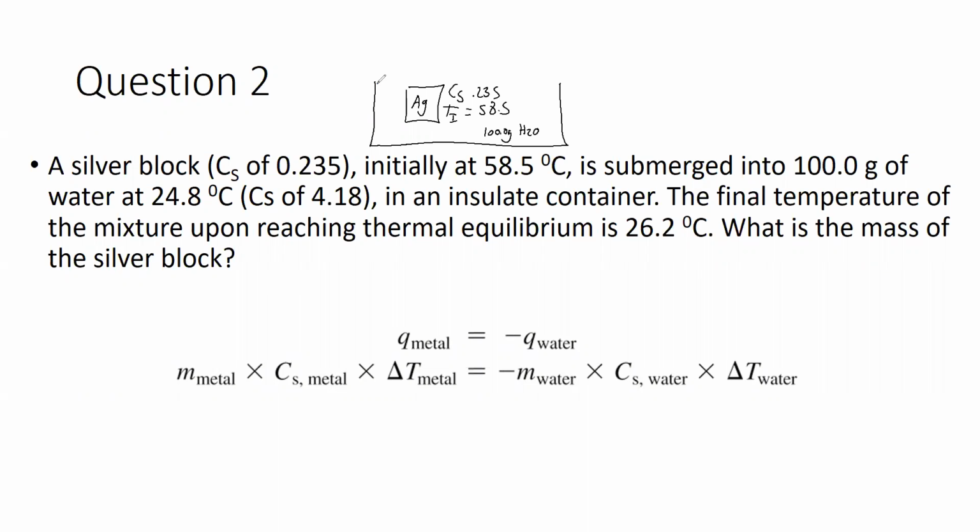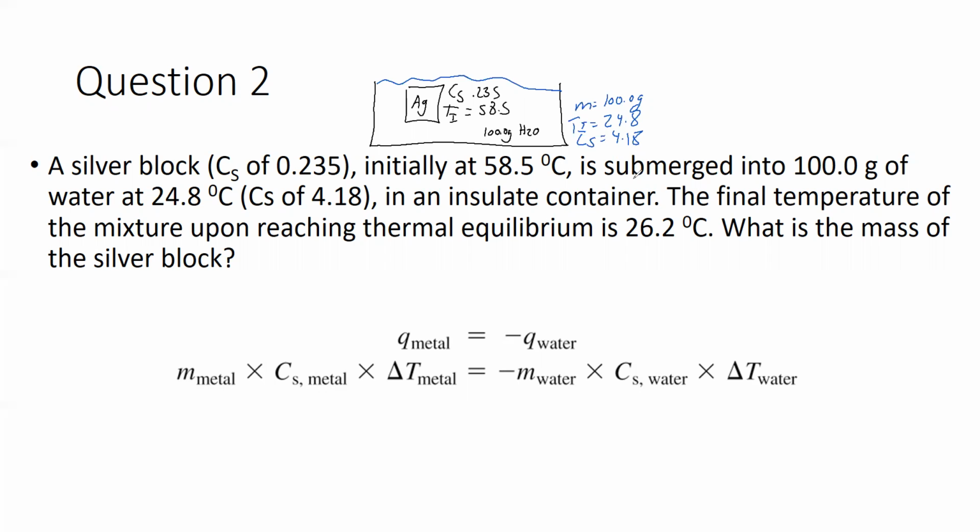So it's submerged in water now, and I'm going to use blue to talk about water. The initial water temperature is 24.8. The weight is 100. Specific heat capacity is 4.18.